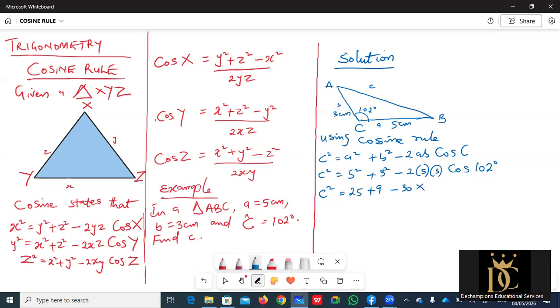times. Now, use your calculator, find the value of cos 102.